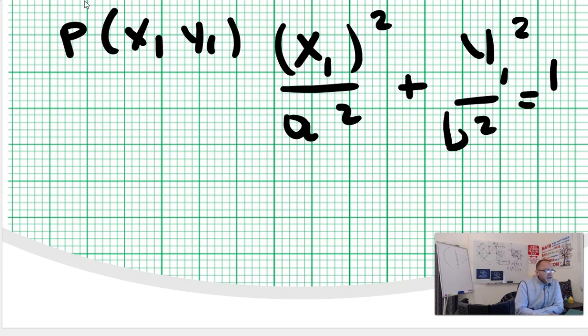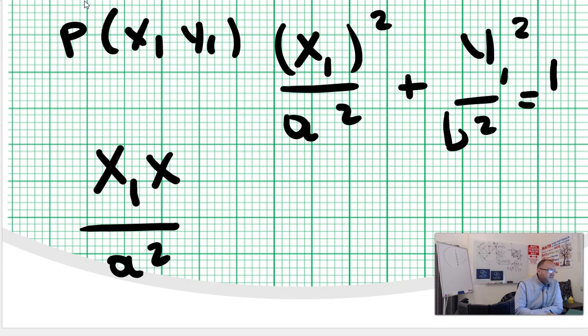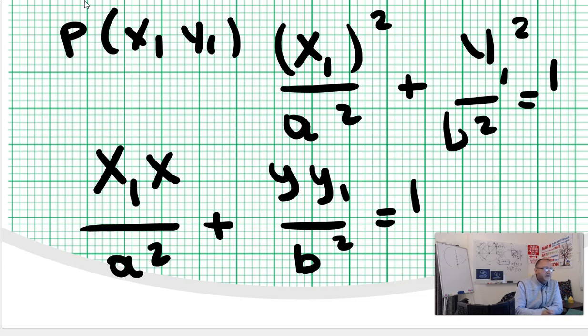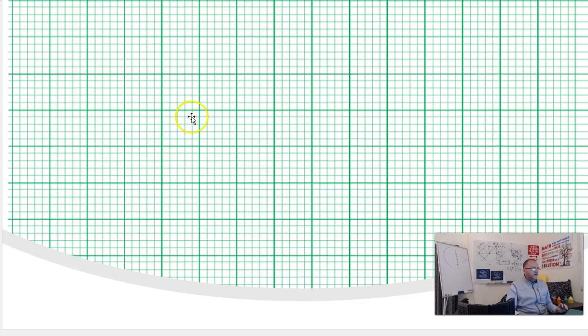Now, it's x1 times x, basically two x's. For the sake of deriving this and explaining it to you, we're going to keep one of the x1 as x1, and the other one we're just going to keep as x. And that's all I did: x1 x over a squared plus y y1 over b squared equals 1. Nothing magic or fancy here.